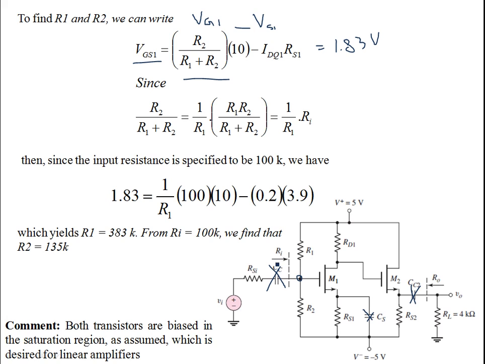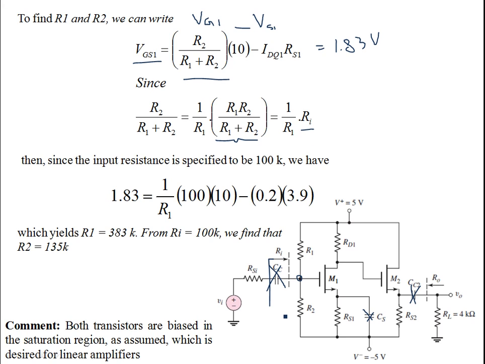If you look inside this cascaded MOSFET structure, your input resistance is given as well. You can write the voltage divider R2 over R1 plus R2 in terms of the input resistance, as 1 over R1 times Ri.